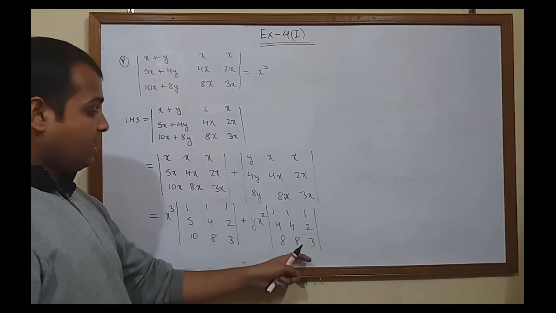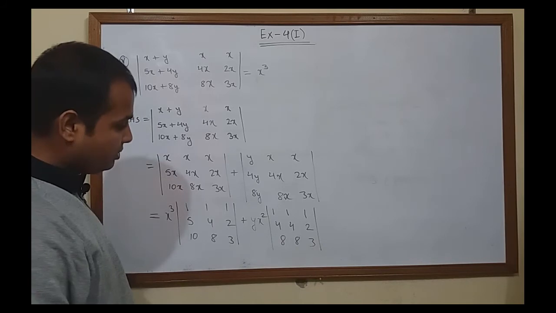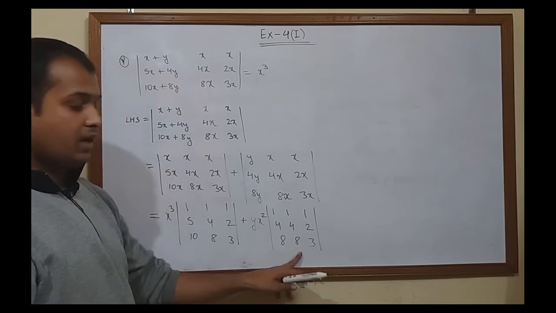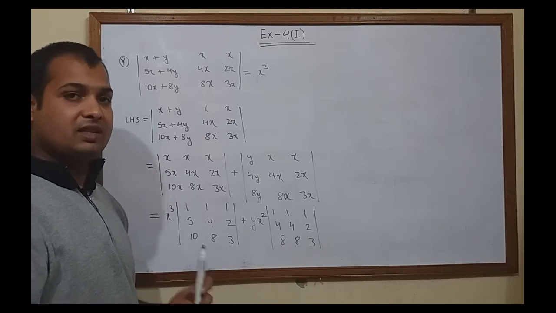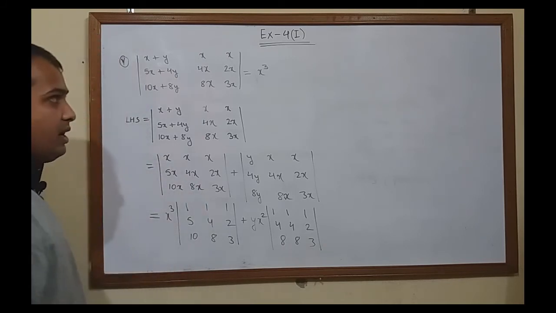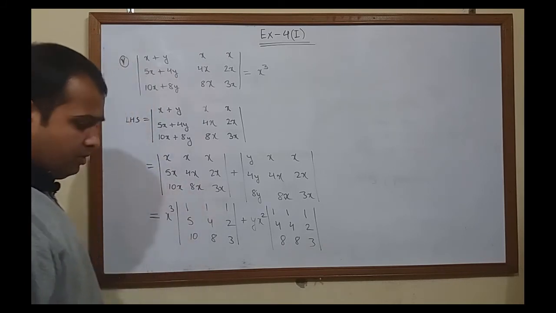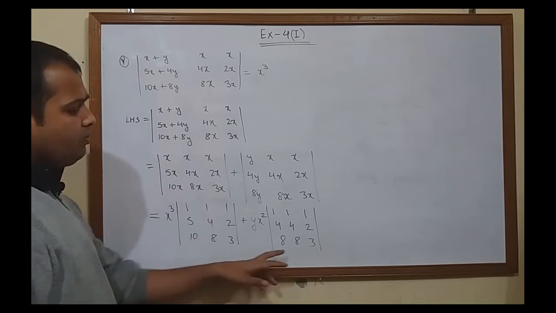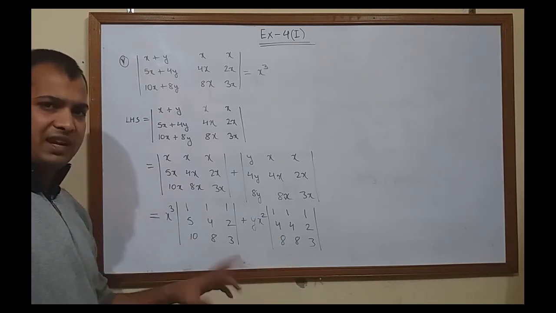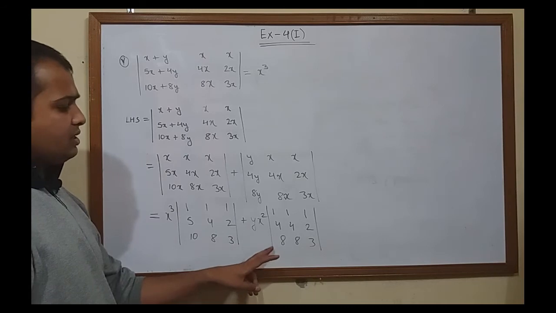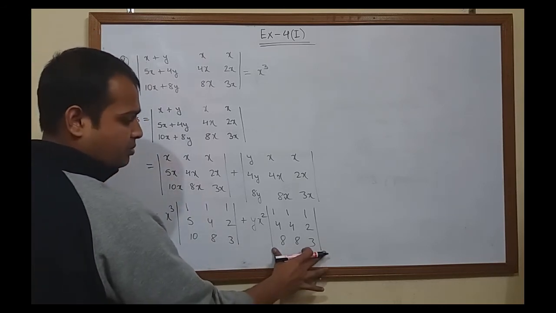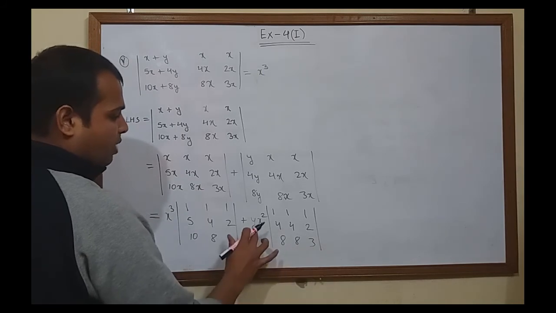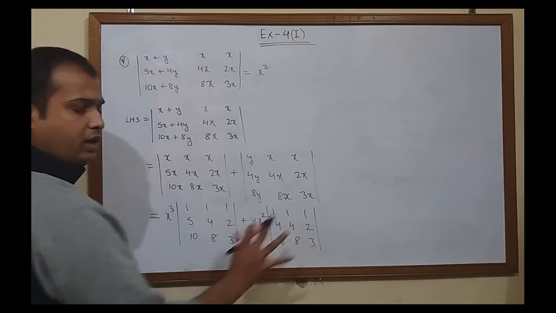Now in the second determinant you'll find that the first column and the second column are identical, meaning they are the same. And you know there is a property which says that if you have two rows or two columns identical, then the value of that determinant will be 0. That means this whole thing becomes 0. So y into x square into 0, again you will get 0.